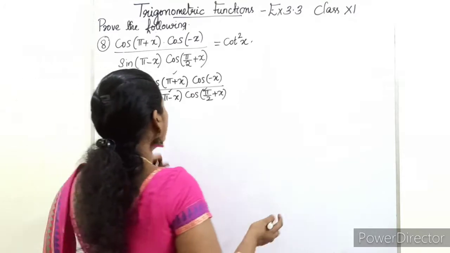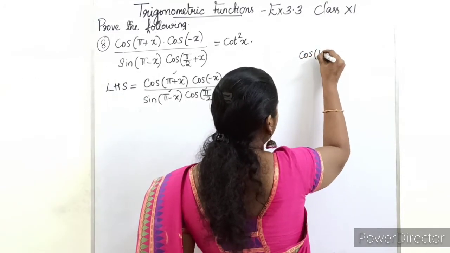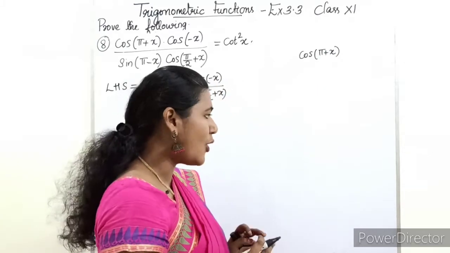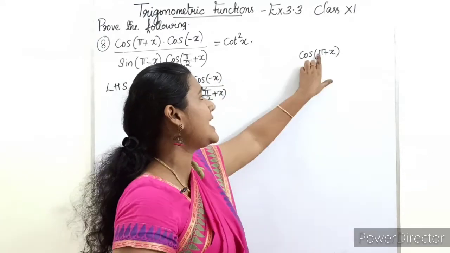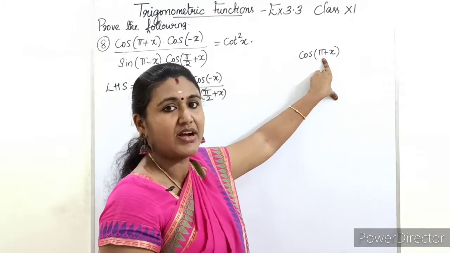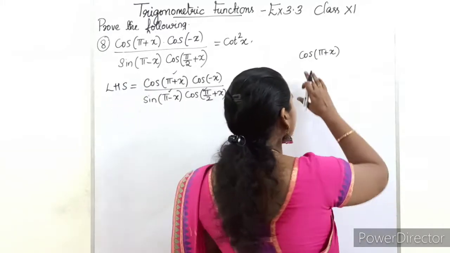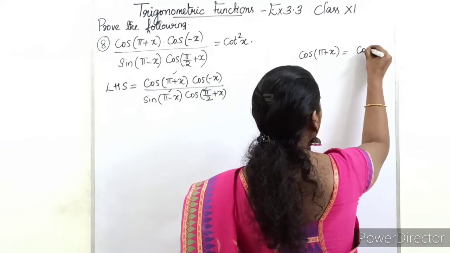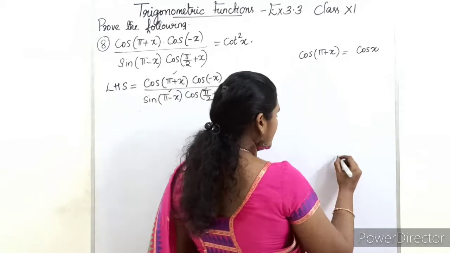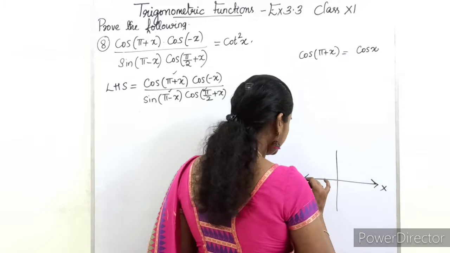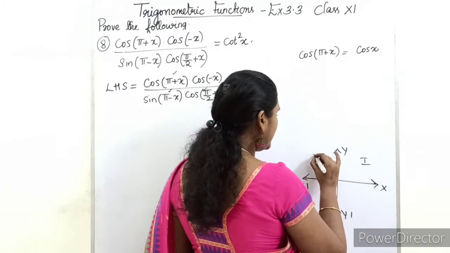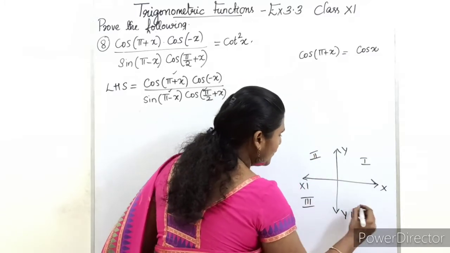Okay, so first we will take cos pi plus x. If the angle is expressed in terms of pi, I have already told you this pi value lies on the x-axis. So if the angle is on the x-axis, the trigonometric function will not change. So the cos function will be the same cos function. Now you have to check the sign. Pi plus x. So we will draw the quadrants, x, x dash, y, y dash. So first quadrant, second quadrant, third, fourth.